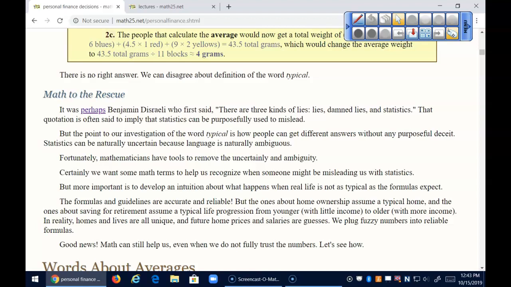So that famous saying, there's 3 kinds of lies: lies, damn lies, and statistics. It's not necessarily that statistics are useful for liars, although in some cases that can be true. It's easy to massage the numbers if you know about statistics and make things have the answers you want.